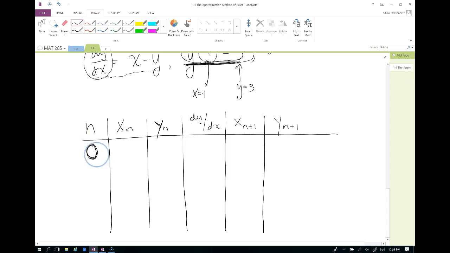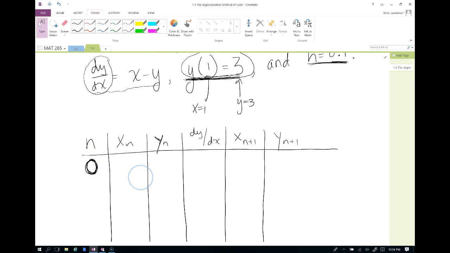So the first piece of information they give us is x sub 0 and y sub 0. We've not done any iterations yet. They've given us that x is 1 and y is 3. So that is given to us. The way that we get the slope is right here. You do your x minus your y. So we're going to do 1 minus 3.